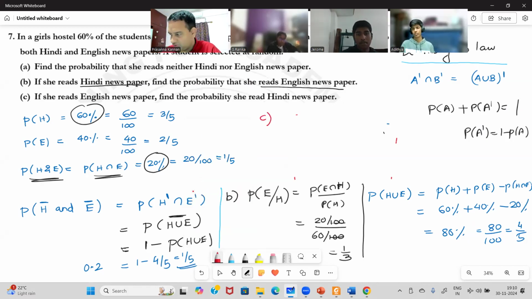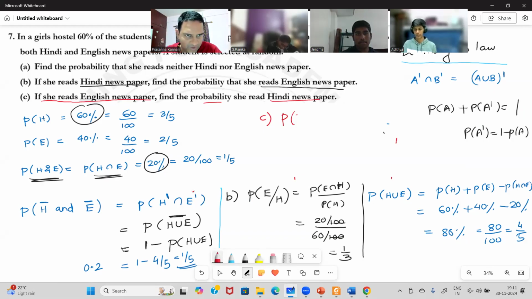What is asked actually? Probability of she reading Hindi news. What is given? English newspaper. So what you are supposed to find? Hindi newspaper. No, write it in symbol. Tell me. P of H given E, sir. Like that you should say.